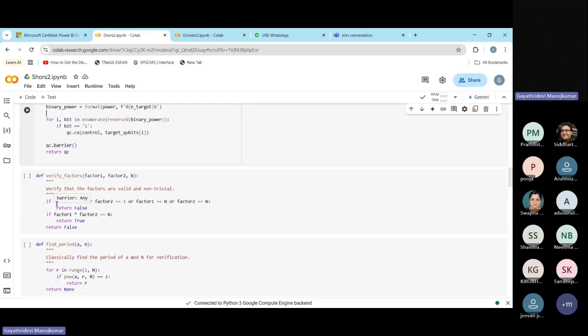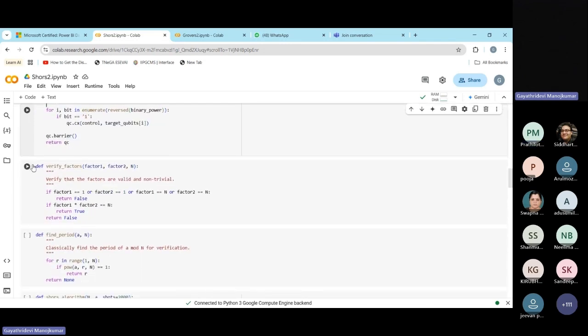Next I am including the function for factor verification. This is a verification I wish to do for a non-trivial factor. As I have already told, this function is going to find a non-trivial factor. That is, it should not be 1 or n itself.